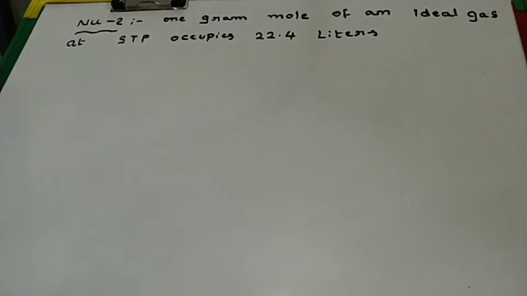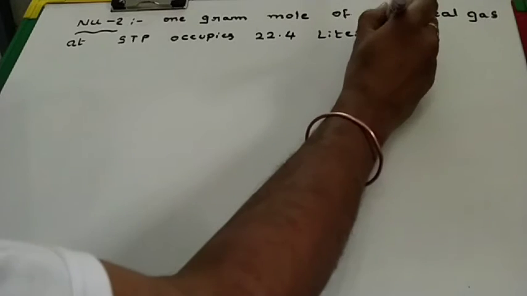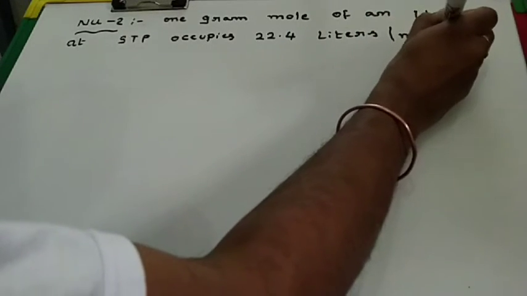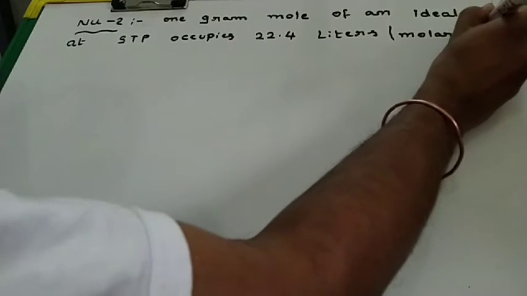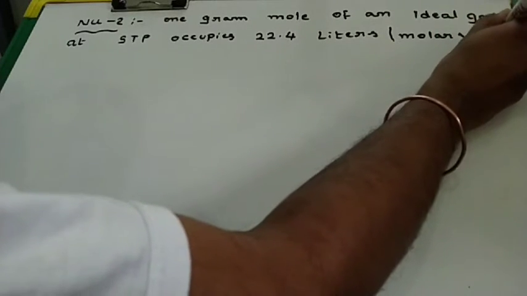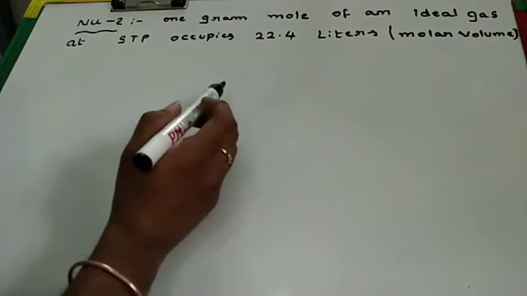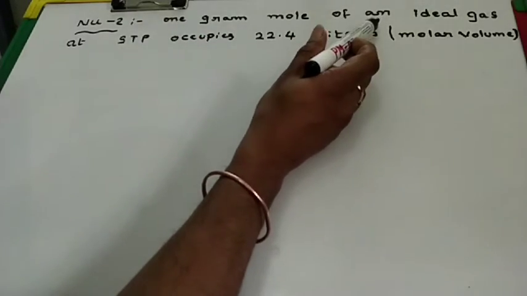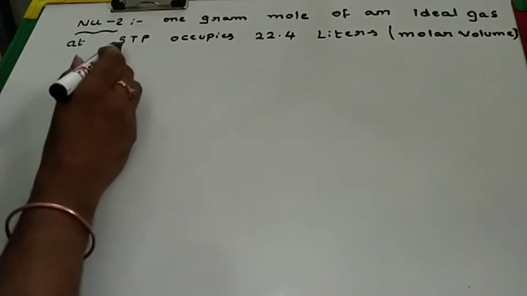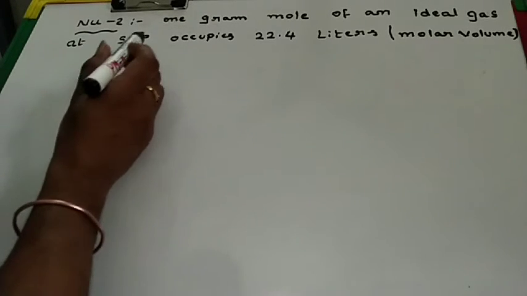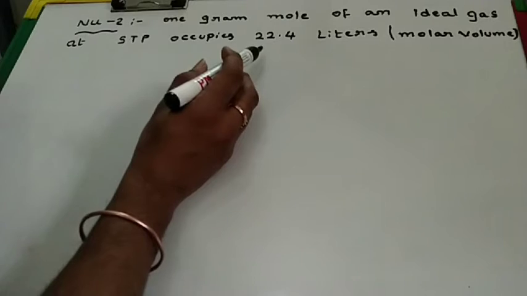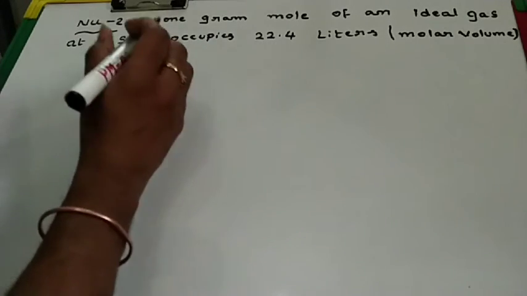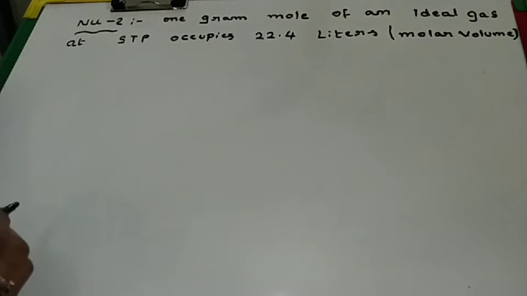This is called molar volume. Once again I am repeating this point: 1 gram mole of an ideal gas at standard temperature and pressure occupies 22.4 liters. That 22.4 liters of volume we can call the molar volume.